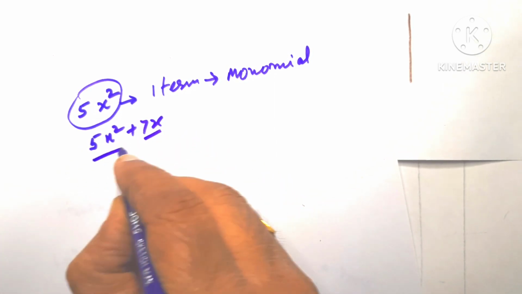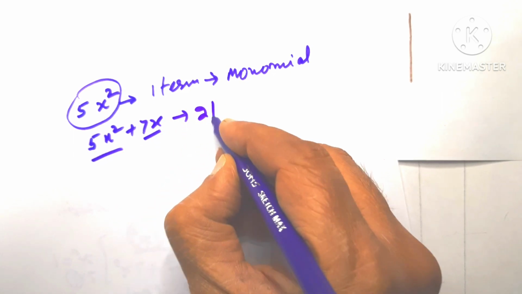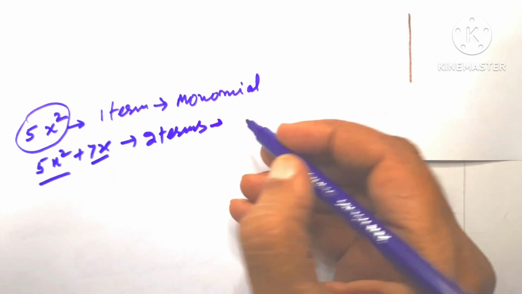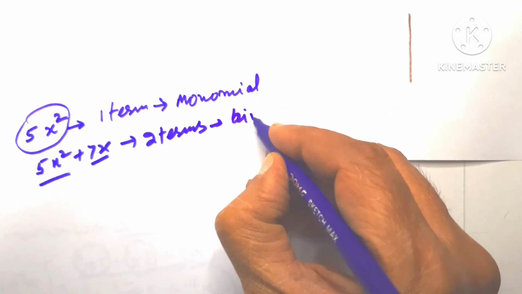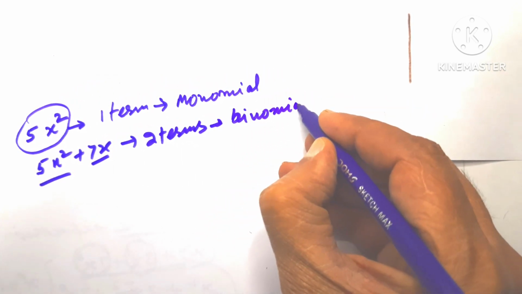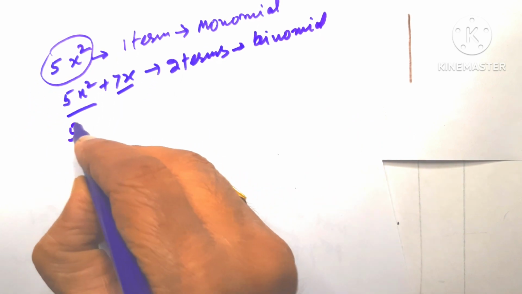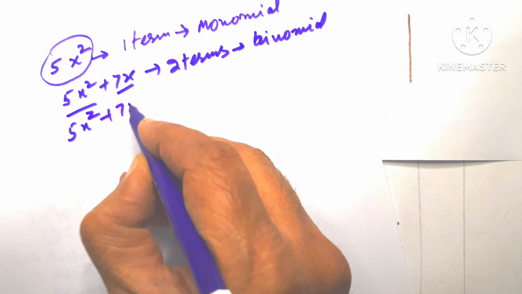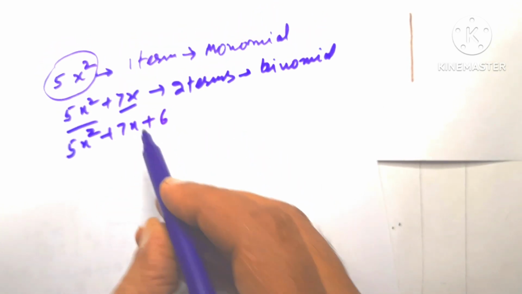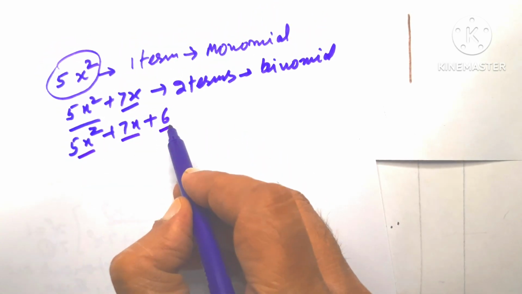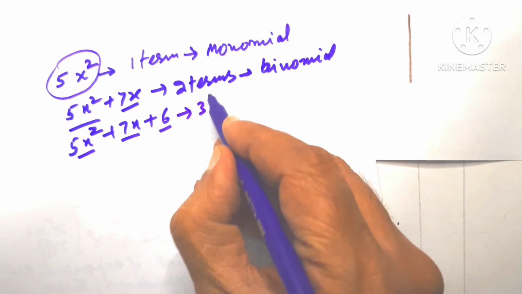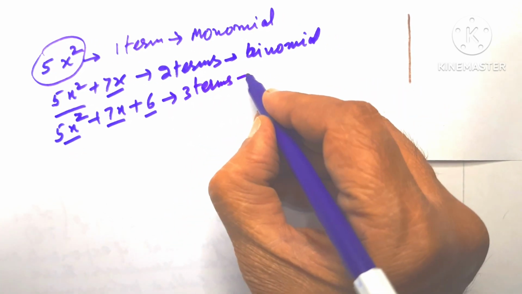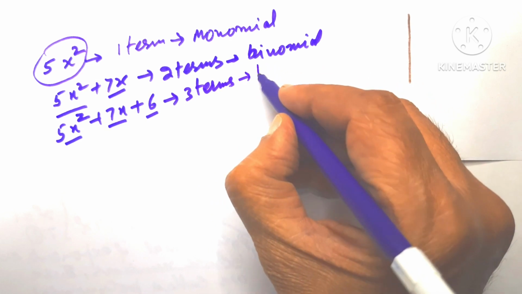Now it has two terms, and this is called a binomial. Suppose it contains 3 terms: 1 term, 2 terms, 3 terms. 3 terms are there, and this is called a trinomial.